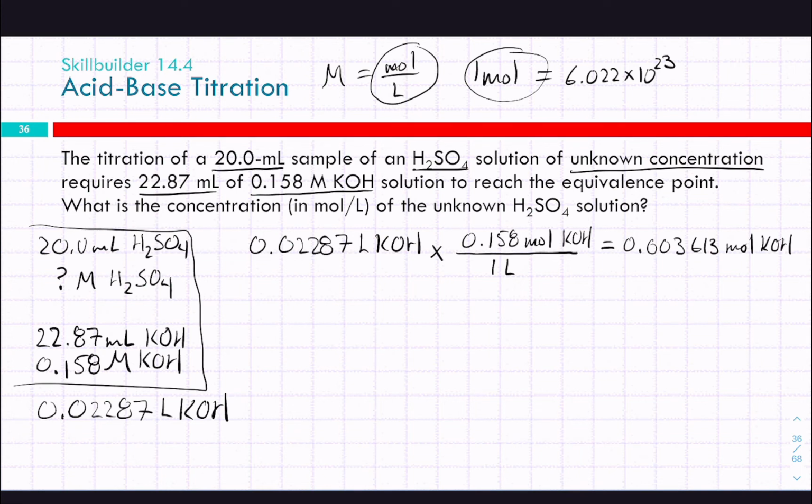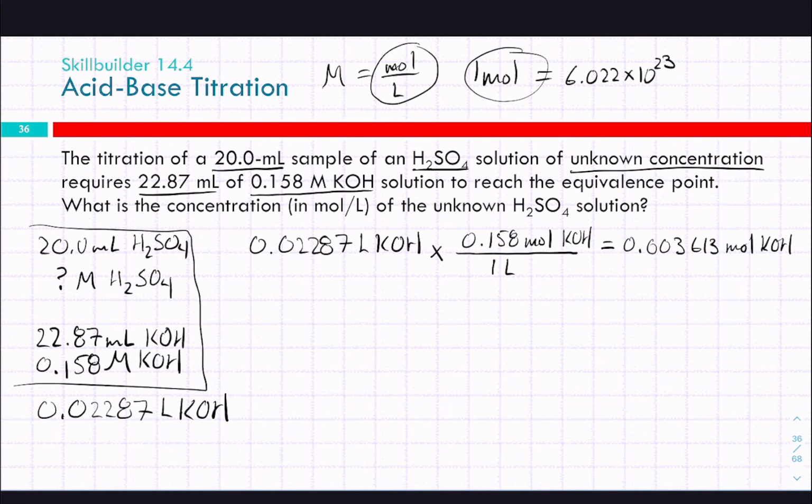So how many moles of hydroxide is that 0.003613? If there's 1 hydroxide per potassium hydroxide, is it 1 mole hydroxide? It's 1 to 1, so it's the same number. So it's 0.003613 moles of hydroxide.